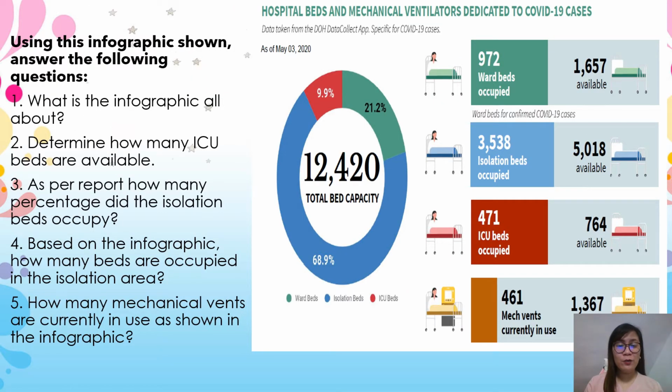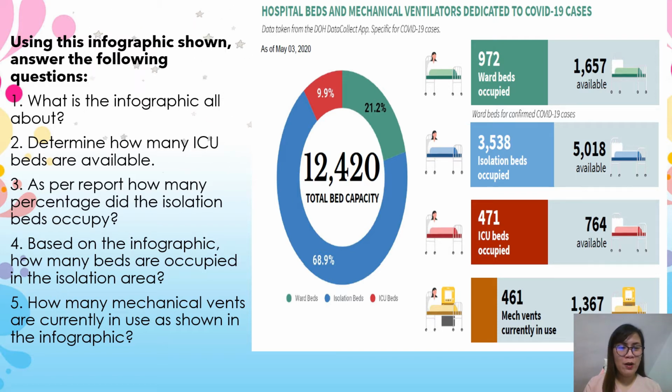Now, let us proceed to the questions for the infographic. Number 1. What is the infographic all about? Number 2. Determine how many ICU beds are available. Number 3. As per report, how many percentage did the isolation beds occupy?